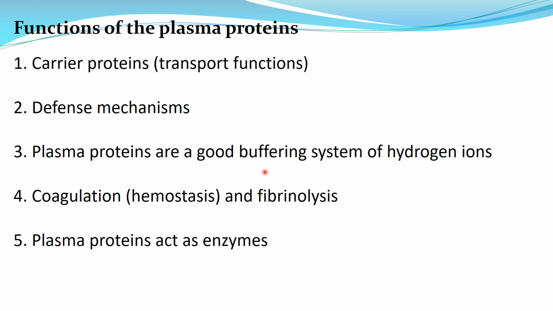So plasma has some specific functions, or it is involved with the regulation of some processes. The first one, the plasma proteins can act as carrier proteins, so they can transport different molecules throughout the blood.